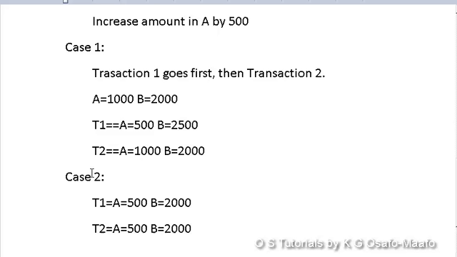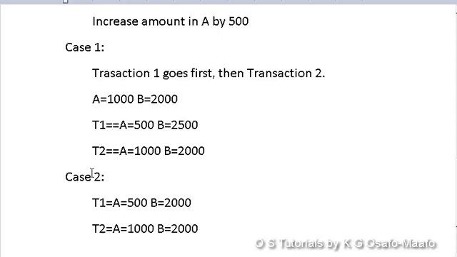I am now going to reduce, since he was trying to move 500 from B to A. He says, well, I'm going to reduce by that much, and I'm going to take the money over, right? And this guy too can come and say, well, I also want to increase that, right?